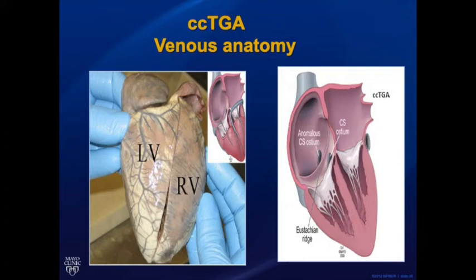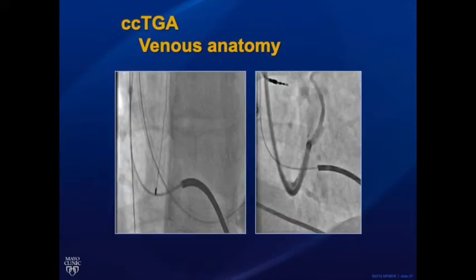So the left side of the body located morphological right ventricle has right ventricular veins, which are scant, small, and rarely go more than the proximal third of the ventricle. So this makes putting in a resynchronization lead via the coronary sinus challenging. It can be done, however.